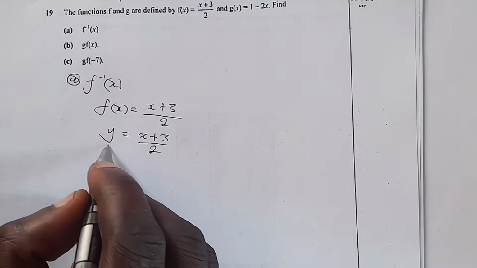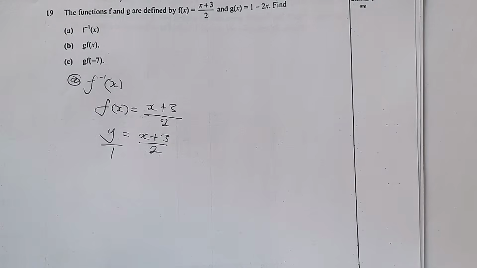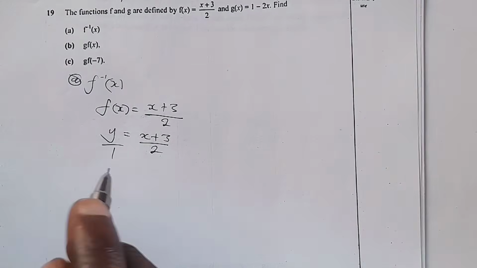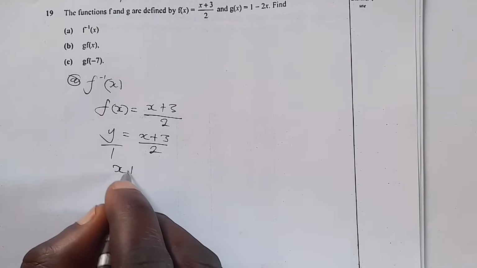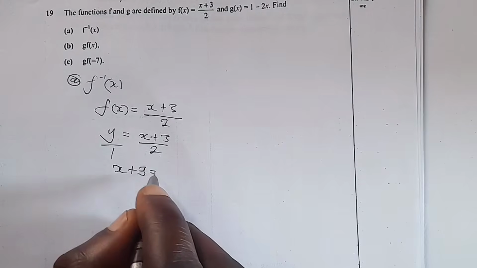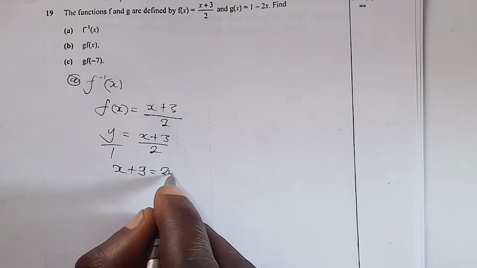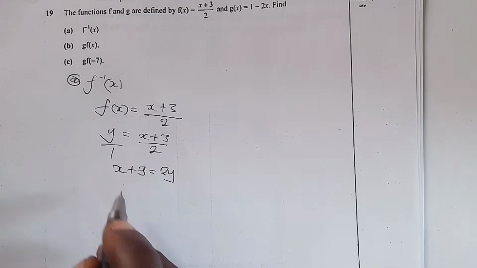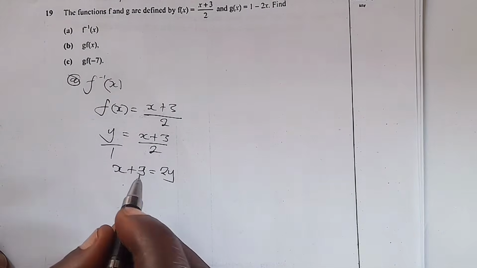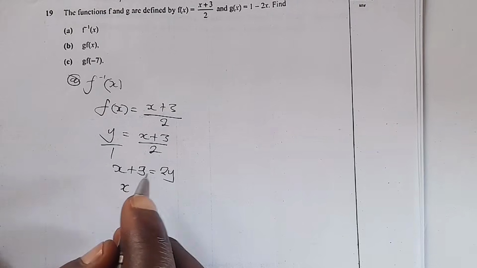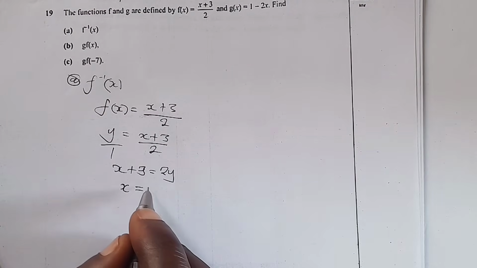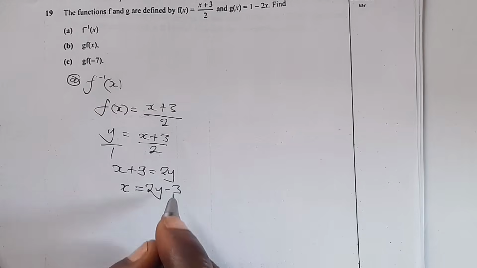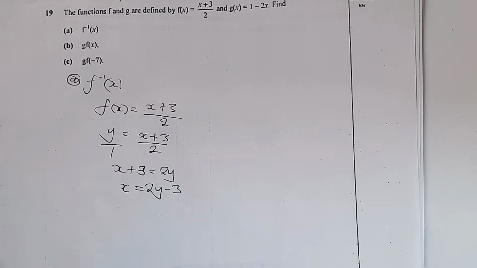Since this is a fraction, we're going to cross multiply. So 1 times this one won't change anything. It will be just x plus 3 is equals to 2y. Then we're making x the subject of the formula. So we're going to take this positive 3 to the other side, and it will be 2y minus 3. We're not dividing here.